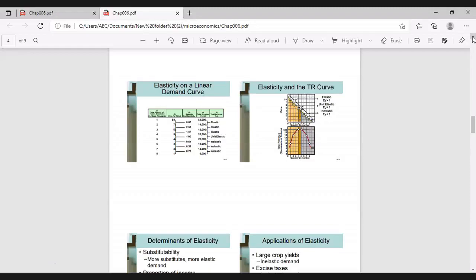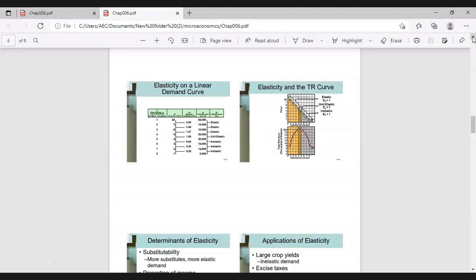So in the coefficient formula, the numerator, the percentage change in the quantity, is low, and the denominator, the percentage change in the price, is high. Numerator is low, denominator is high, so the coefficient will be a lower value.